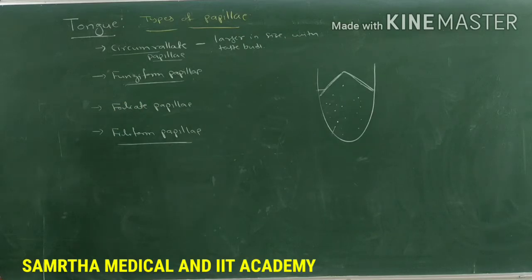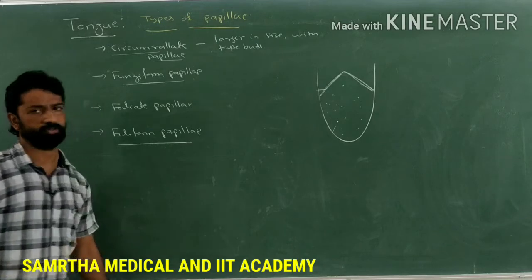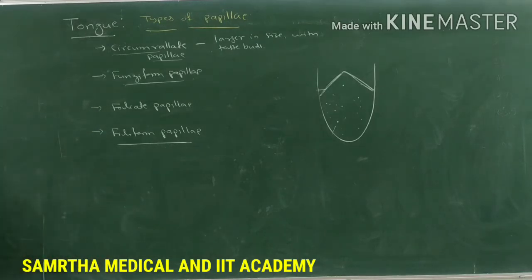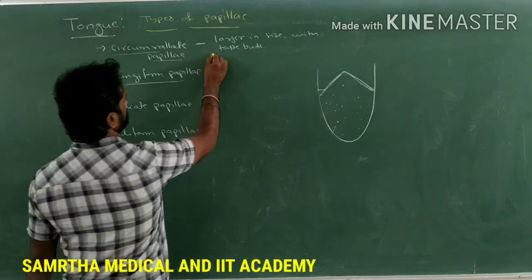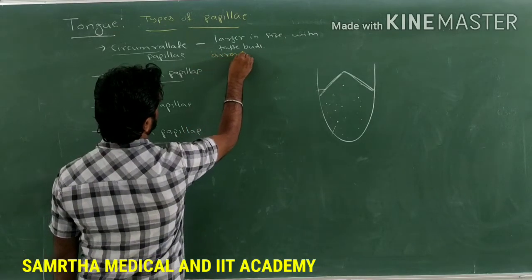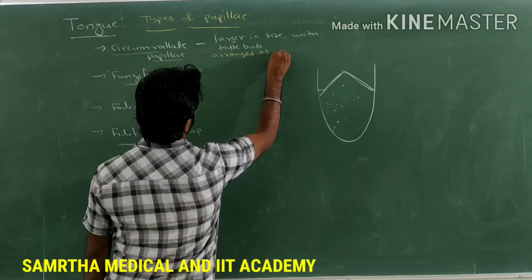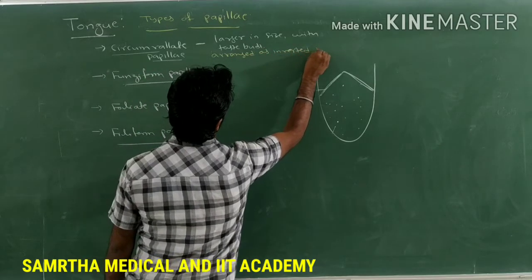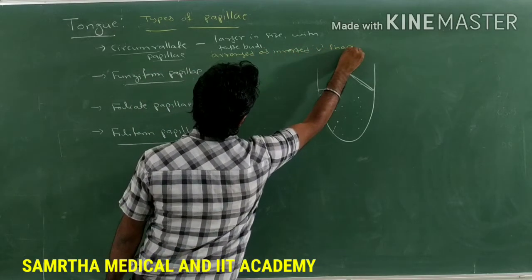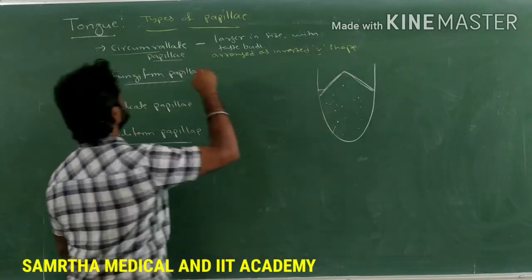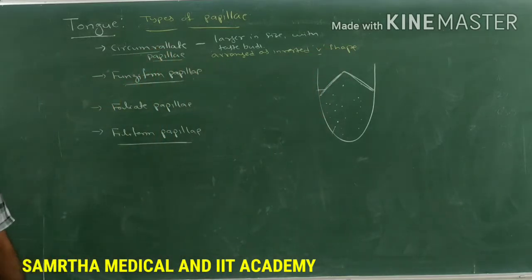And what is their shape? They have an inverted V-shaped arrangement. That is the arrangement of the circumvallate papillae.